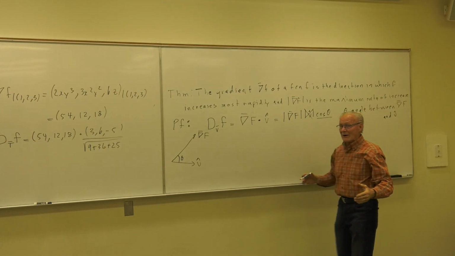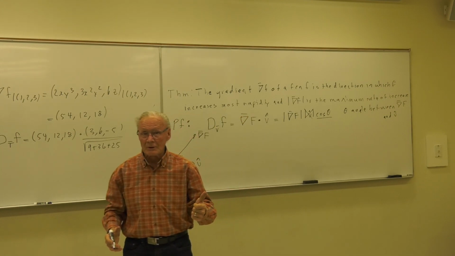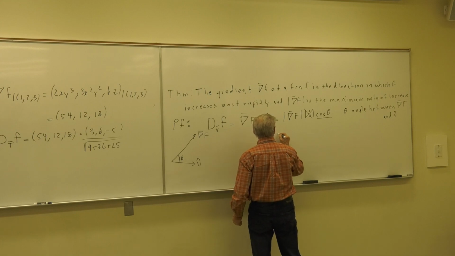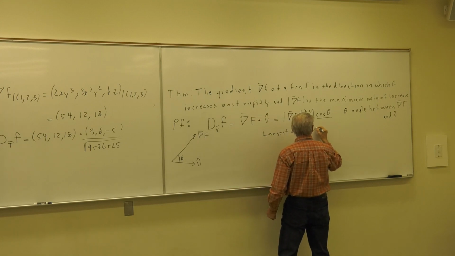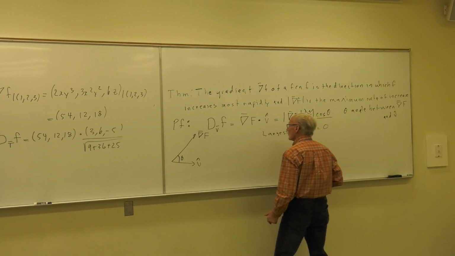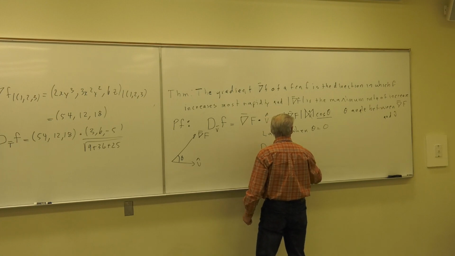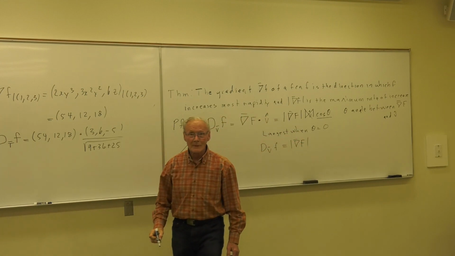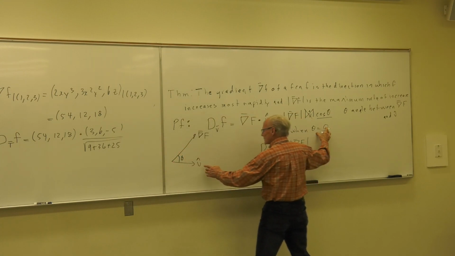Well, what's the biggest value of cos theta? Answer, 1. When is it largest? When theta is equal to 0. In which case, the directional derivative is the length of grad f. So the direction for the maximum is when theta is equal to 0.